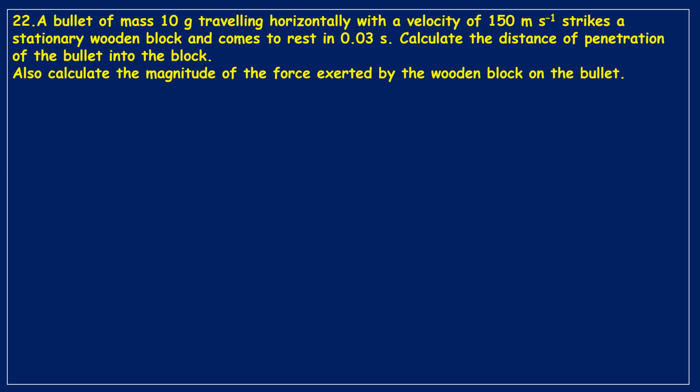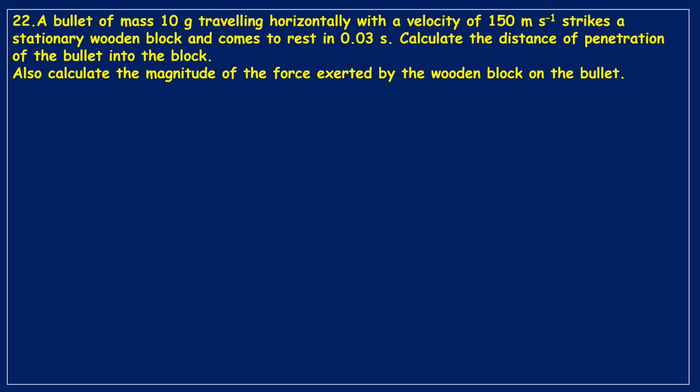Bullet mass is given, its velocity is given, and the time also given here. Mass, velocity, time is given, right? Then what is the formula that we have to select here? Now calculate the magnitude of the force exerted by the wooden block on the bullet. So here initial velocity is taken as 150 meters per second.